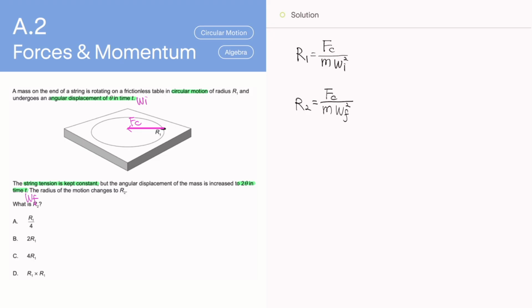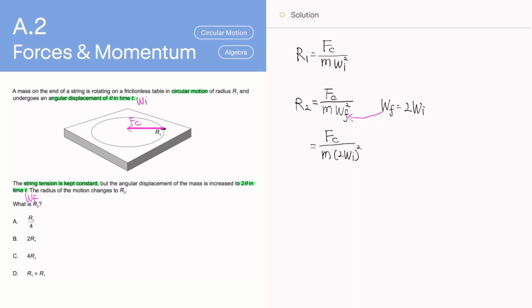For R1 and R2, both of them share the same centripetal force and the same mass, but their angular velocities are different. And remember from our interpretation, the final angular velocity is 2 times the initial angular velocity. And we can plug it into here. And we get this.